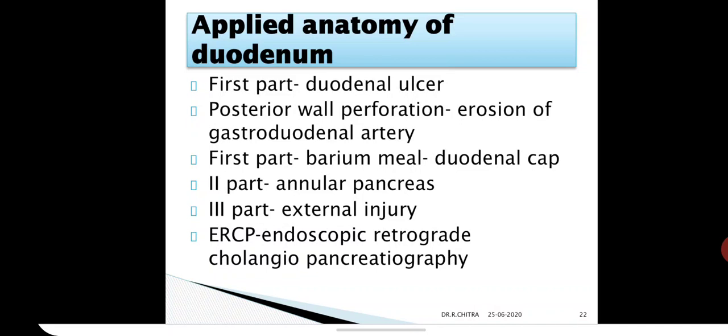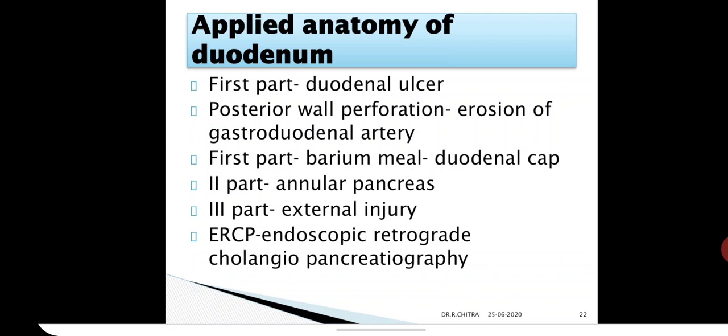How to investigate this duodenum? The GIT investigation usually will be the contrast X-ray taking. That will be called as barium meal. Contrast X-ray means some contrast material will be given for oral ingestion. So that will be called barium meal, and we will see the space occupying lesions in the GIT.